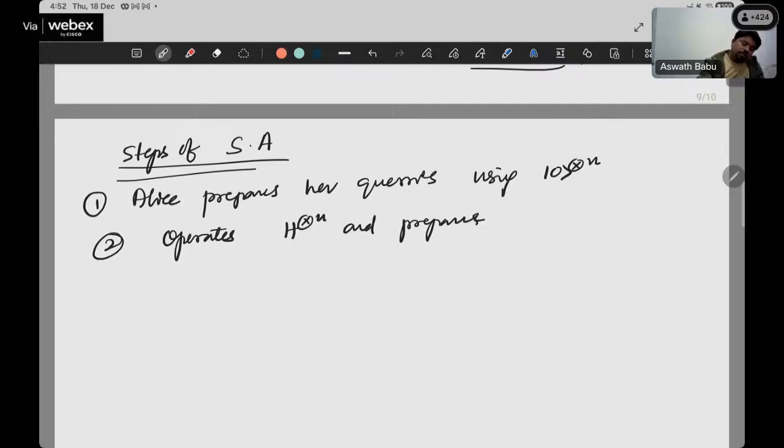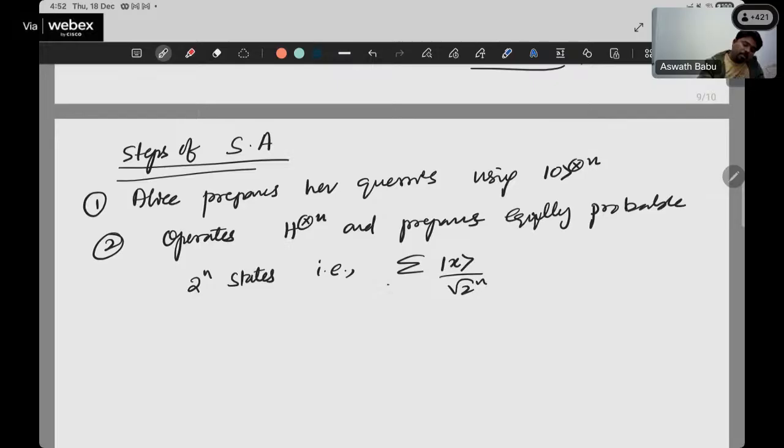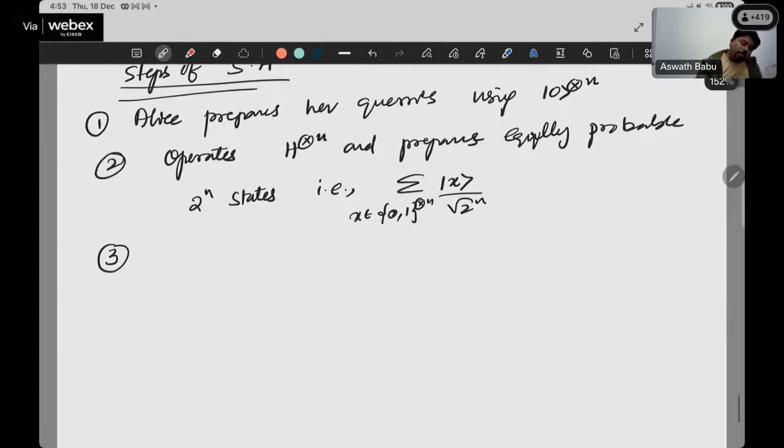Step 2, she prepares equally probable 2 to the power of n states, which are a summation over 2 to the power of n, x belonging to {0,1}^n. These are the states, and she sends them to Bob.